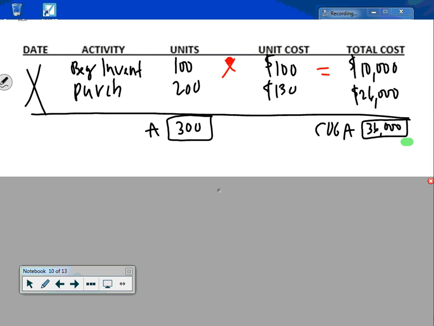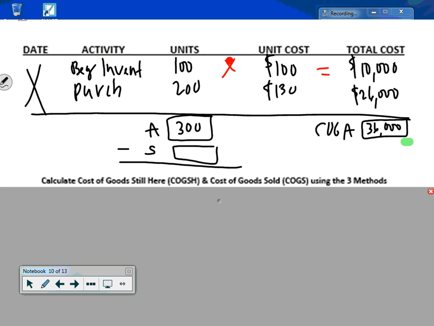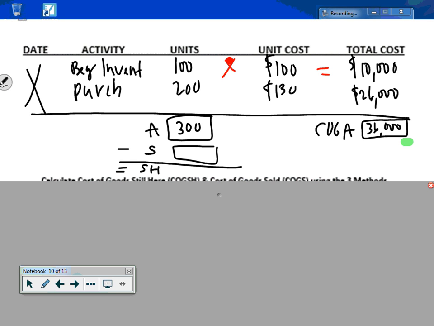Okay, so available minus sold is going to equal ending inventory. And that number was given to us, correct, at 80? So what sold? 220. All right.